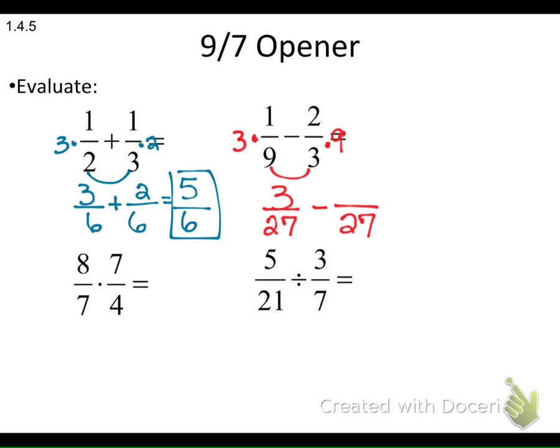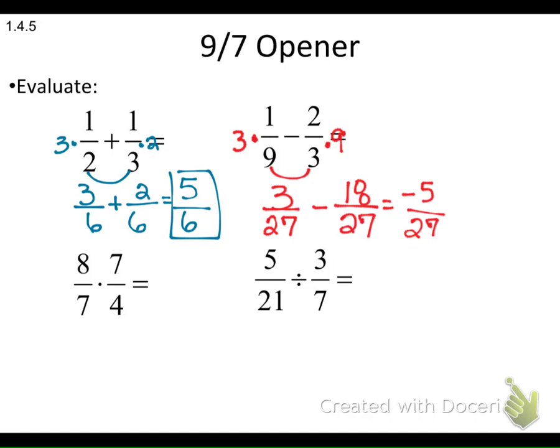Okay, just looking at this now, when I take 3 minus 18, what kind of number am I going to end up with? A negative. So what's 3 minus 18? And what's my denominator? 27. And then can I simplify this?